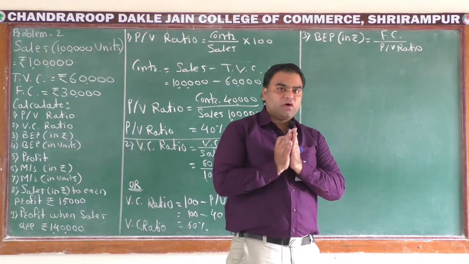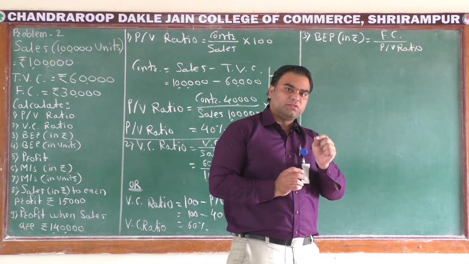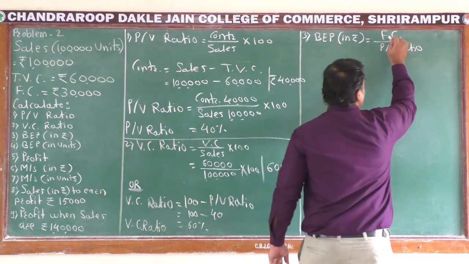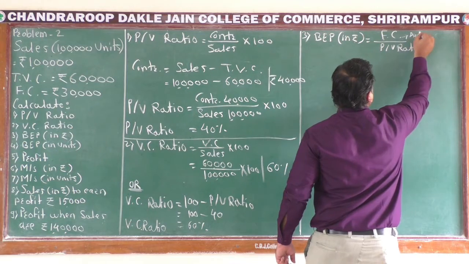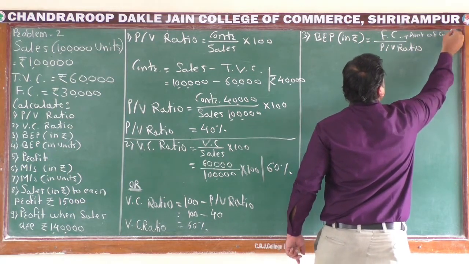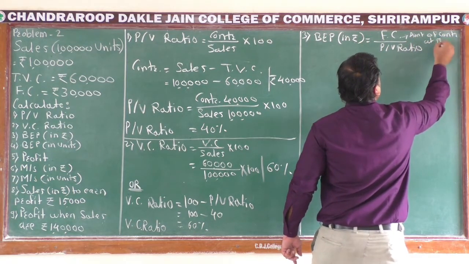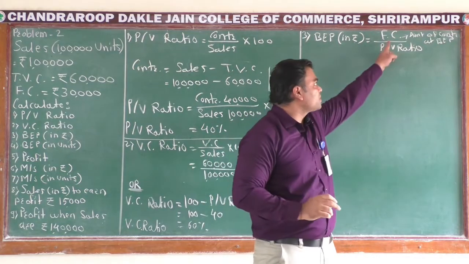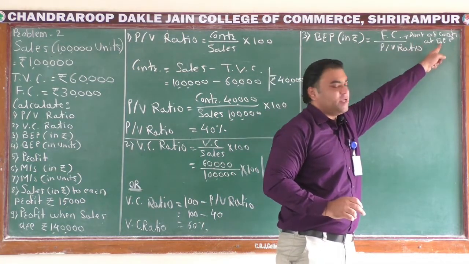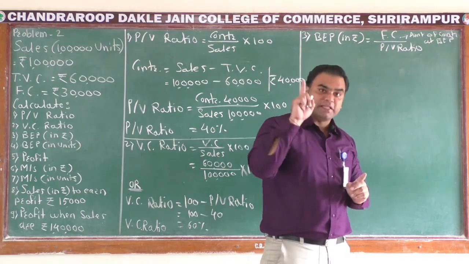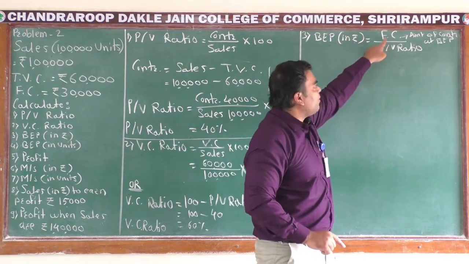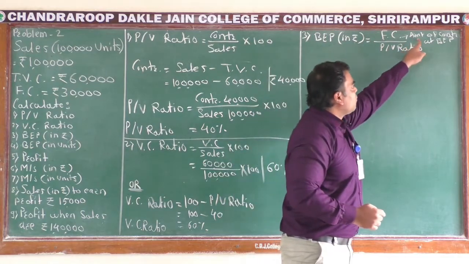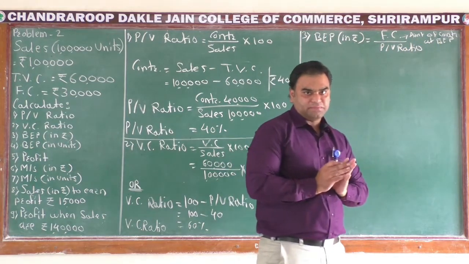Because the amount of fixed cost and the amount of contribution at BEP level is always equal, we have taken the amount of fixed cost as the amount of contribution at BEP level.